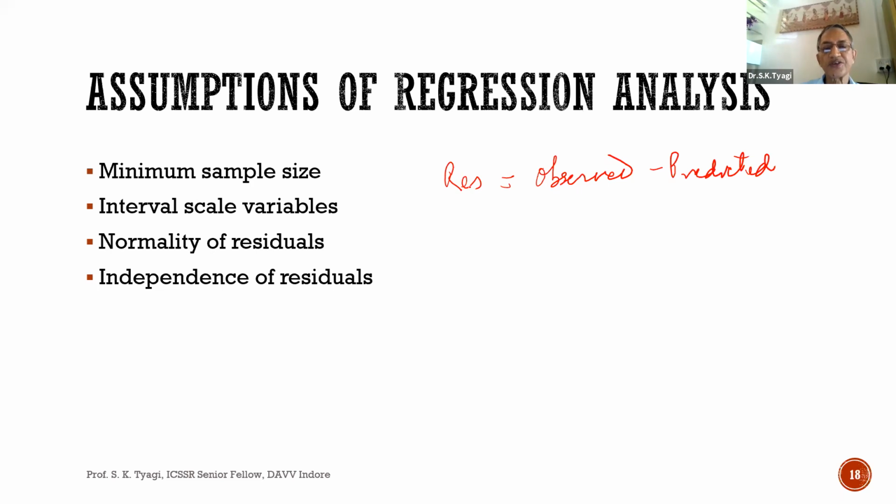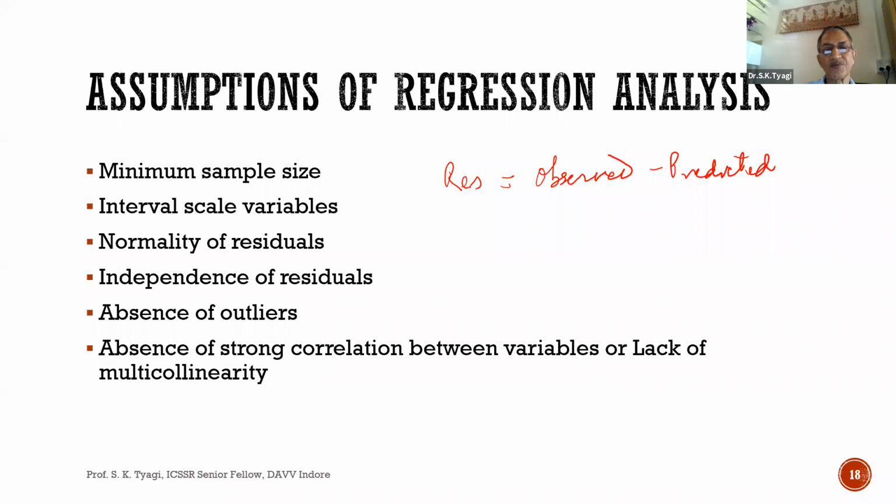These residuals should be independent of each other. There should be no clear pattern in the points. If there is a pattern, then the errors are influencing each other and creating a pattern. So it should be a random pattern. And absence of outliers. There shouldn't be any extremely large or extremely small score.